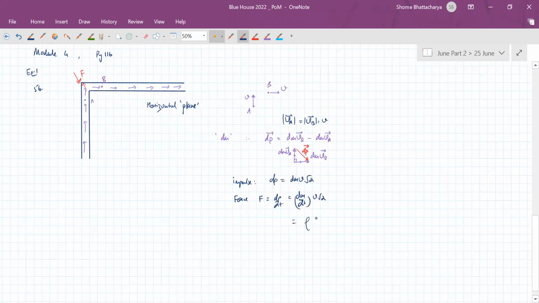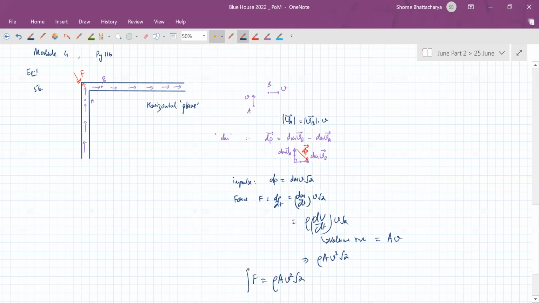So that is density into volume rate of flow. And volume rate is equal to area into velocity. So force, reaction force, in this case becomes this much.